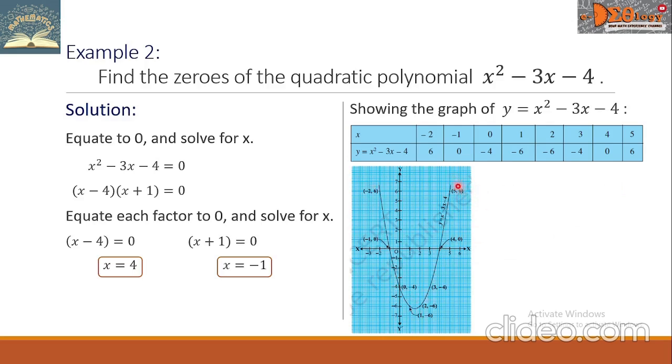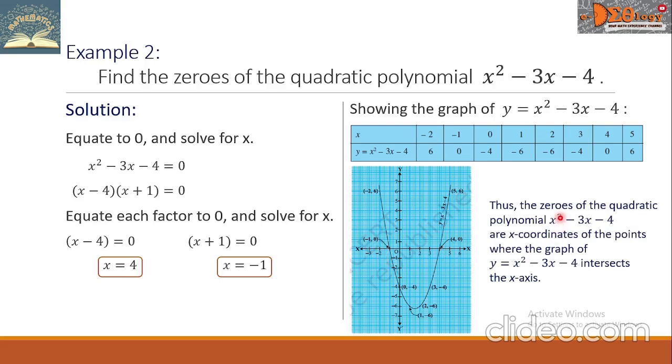Please observe that the graph touches the x-axis at the points 4, 0, and negative 1, 0. Thus, the zeros of the quadratic polynomial x squared minus 3x minus 4 are the x-coordinates of the points where the graph of y equals x squared minus 3x minus 4 intersects the x-axis.